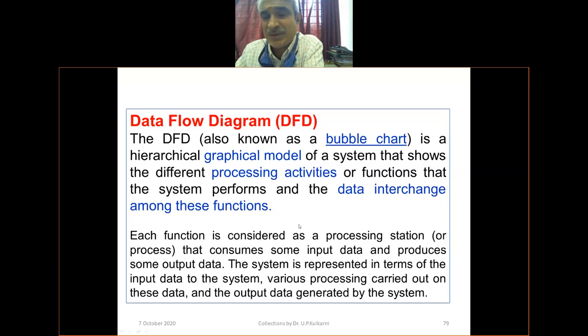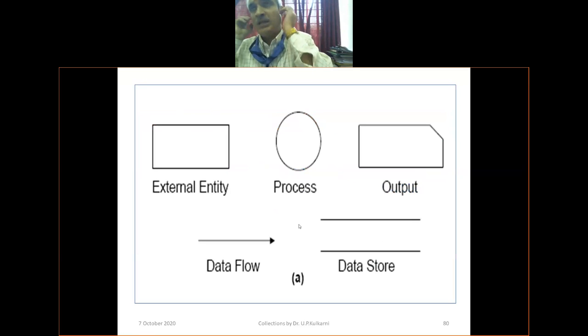In the previous class, we already went through the various symbols used to represent the data flow diagram, the data flow among the different processing elements. For that, you have a processing element represented by a circle. Sometimes some textbooks use an oval also. Then the external entity, it could be anything, is a rectangle like this, and for any output, a rectangle with the edge cut.